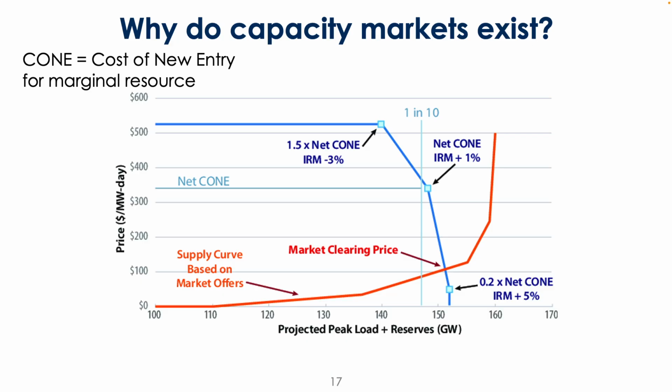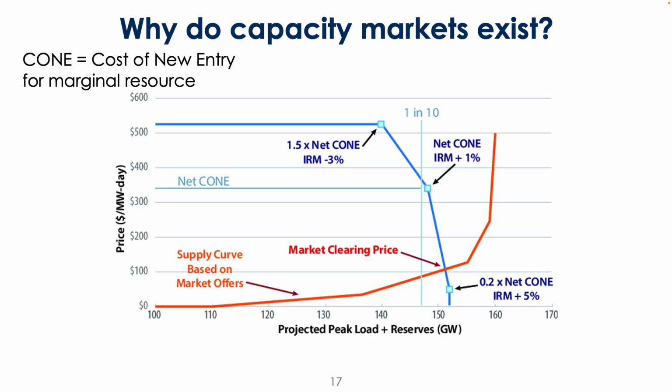Now what about the demand curve, which is this blue line? How do we construct that? So CONE stands for cost of new entry. That's the cost of the new entry for a marginal resource. So we look at all the resources that we have and we say, okay, how much does it cost to add in a little bit more capacity?